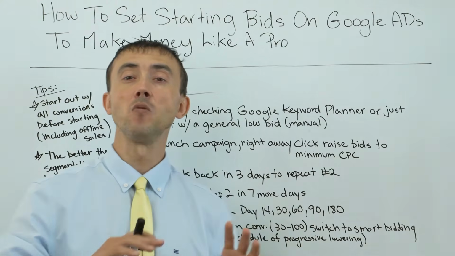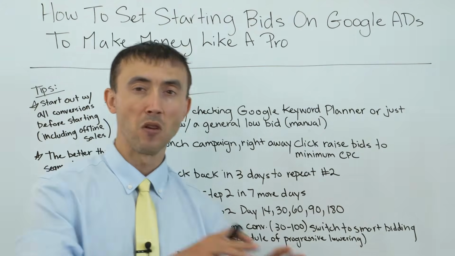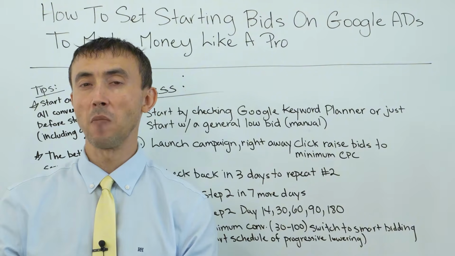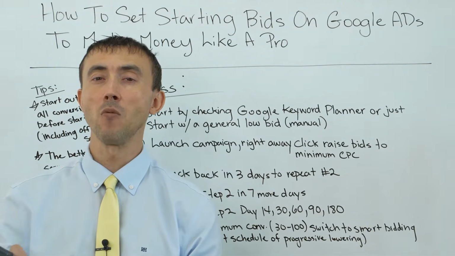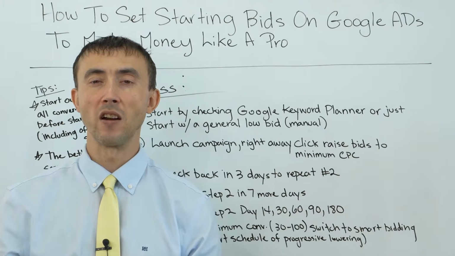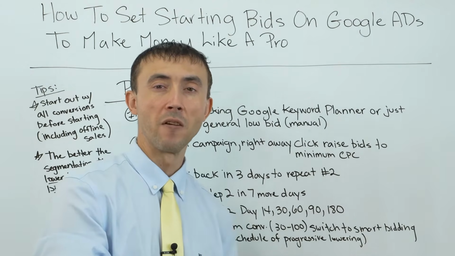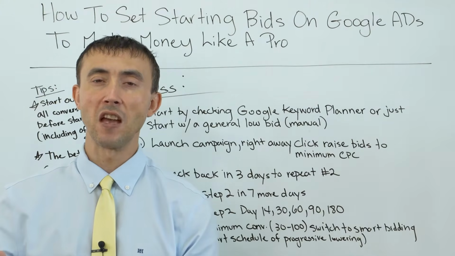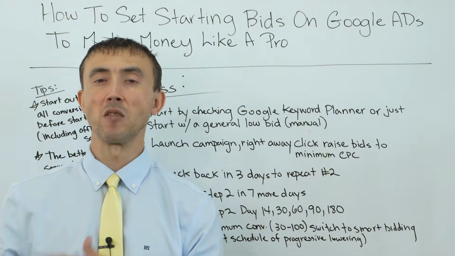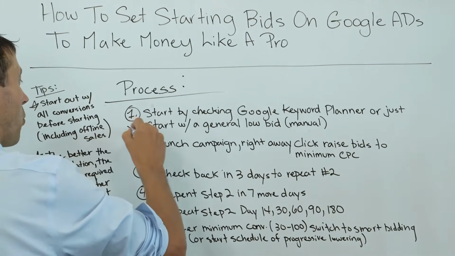Even if you do check the Google Keyword Planner, take the high-end estimate, put it on the keyword itself, and launch that campaign, it will often still say, "bid too low, sorry, you have to bid higher." So you go through all that work of looking at the keyword bids on the keyword planner, and it doesn't even pay off at the end of the day in terms of knowing in advance what you're going to have to pay per click just to get shown at all on the first page of Google.